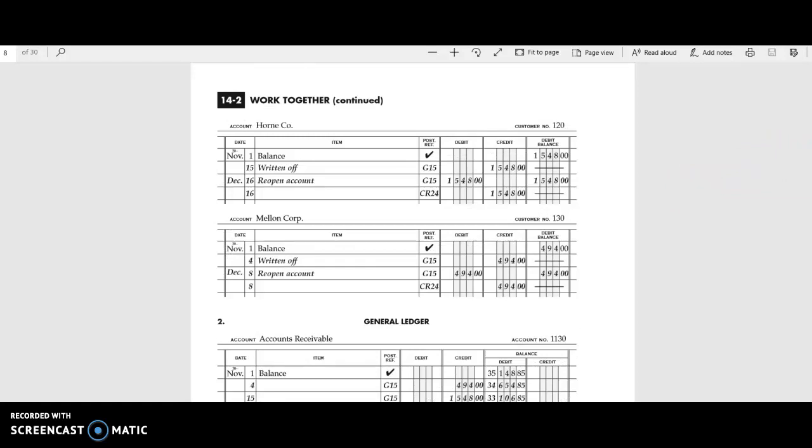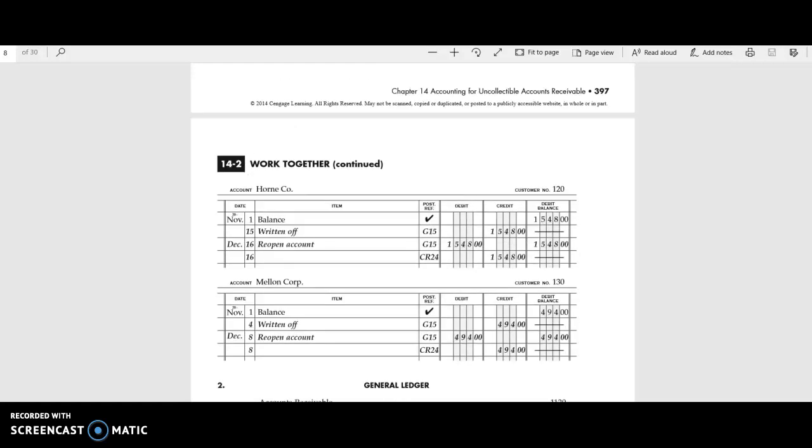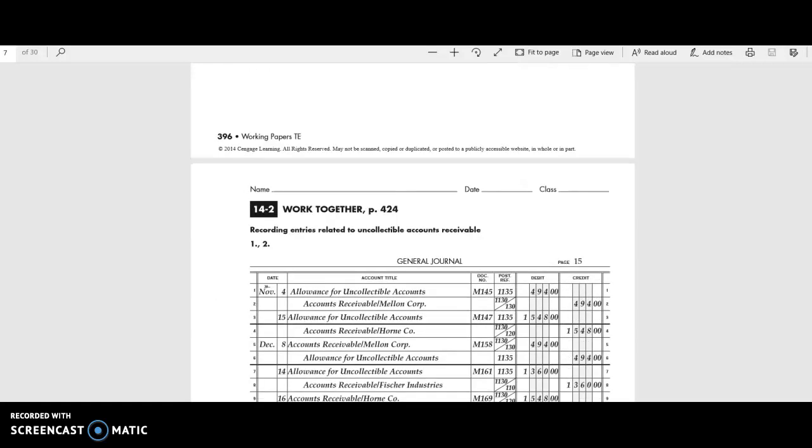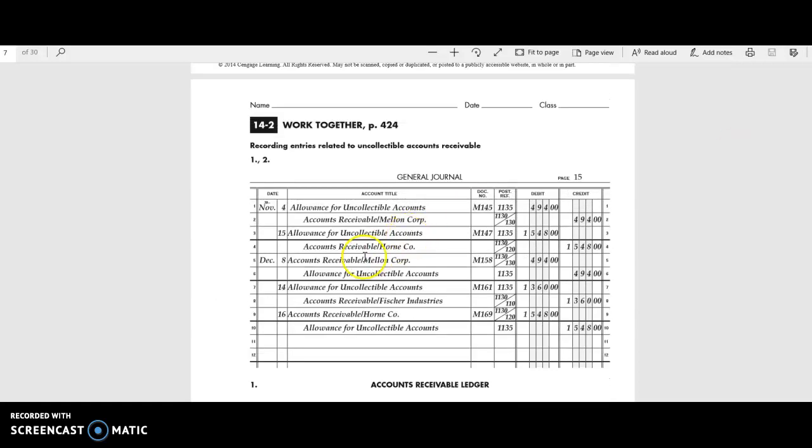And we are reopening up Mellon Corporation's account. We are redebiting. So we're going to write in the words reopen account. That's a good thing. So we're going to write in the $494 so that they have that balance again. And then we will be recording all of those source documents, or account numbers, excuse me, in this December 8th transaction.